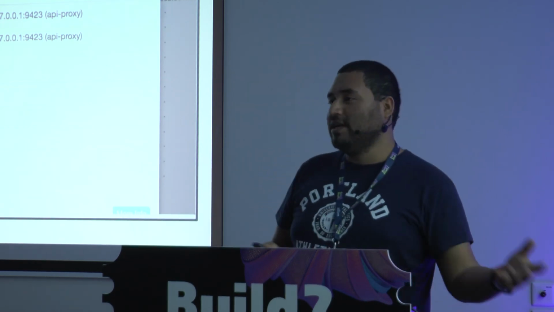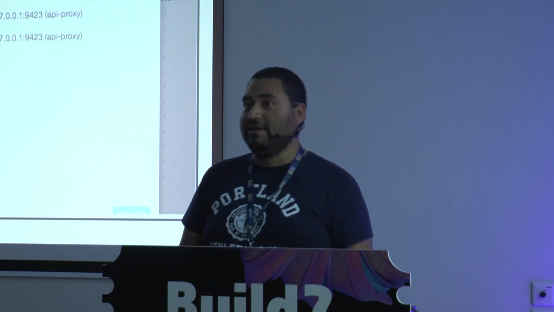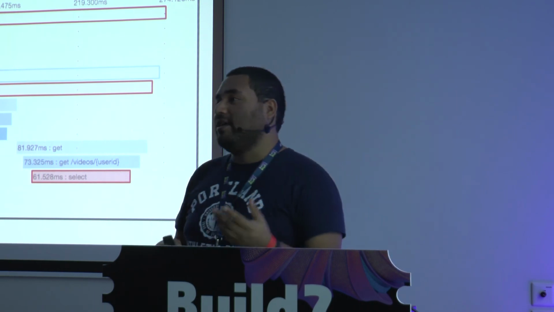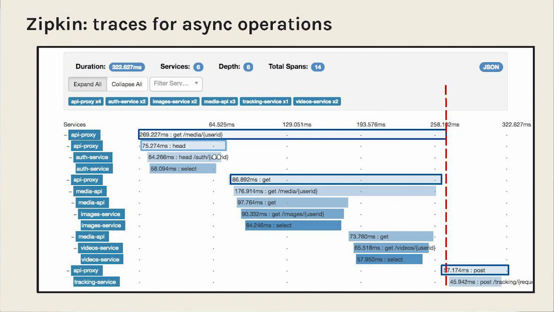You can put the host name and whatever you feel will enrich your trace to understand better what happened. You can have also errors. Errors are marked in red, so they are very expressive. And you can see here, for example, how the error was propagated from the video service to the media API, and from the media API to the API proxy, right?